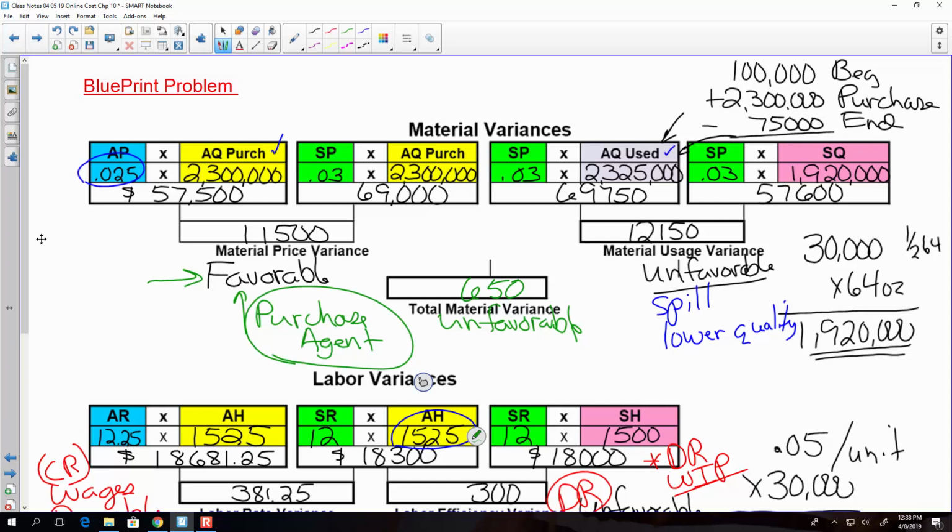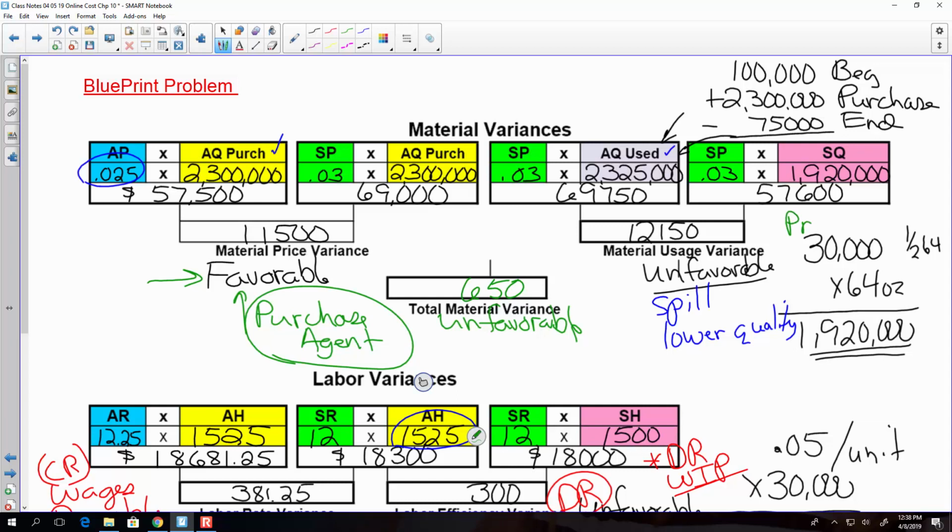How did that happen? Next, I have to figure out, well, if I used 2.325 million, how did that compare to what I should have used? So here again, we have to determine what my actual production level was.